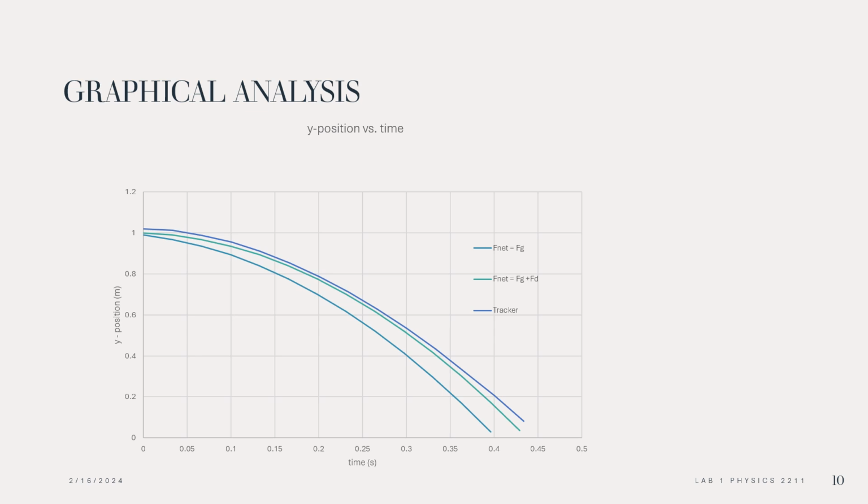Then we got the F net, which is the force of gravity and the force of drag, and then the bottom one, of course, is just the force of gravity. As you can see, it took the ball longer to go the 1 meter distance with drag, which makes sense because, of course, drag is acting in the opposite direction than gravity. So we're going to have a longer time.